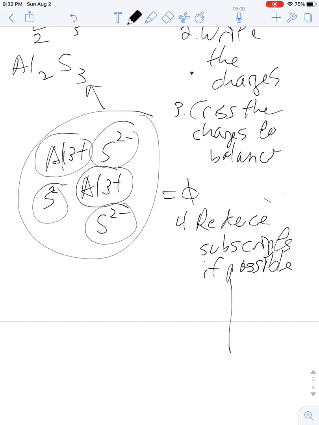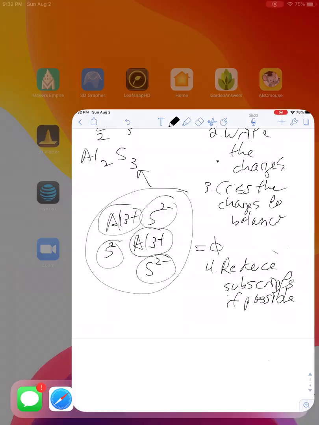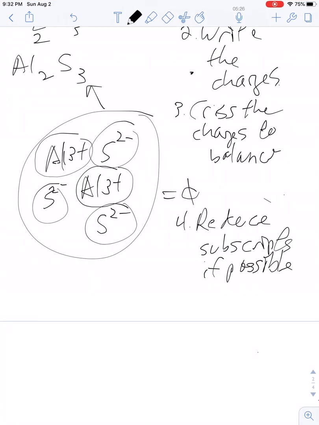Suppose I was doing this one. Calcium sulfide.